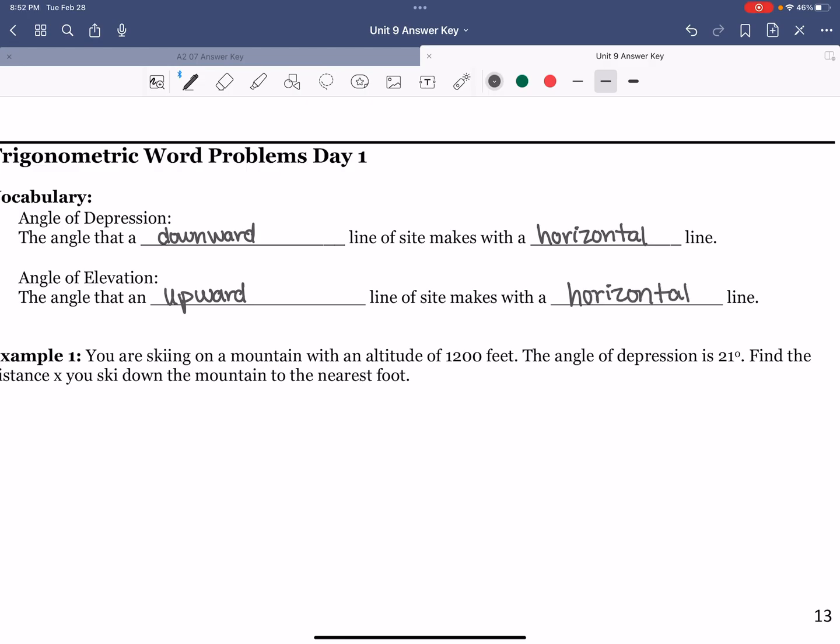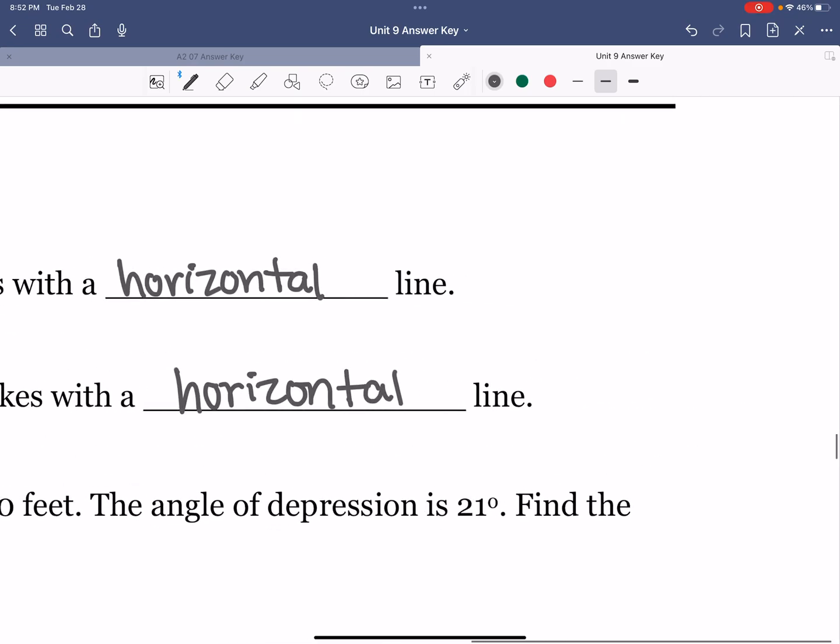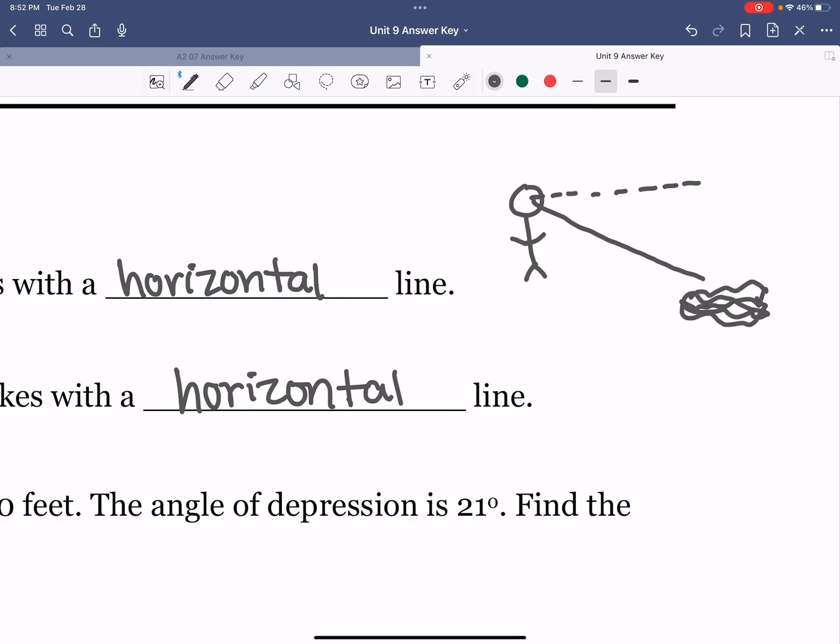So if I were to draw pictures of this, if I have this lovely person here, and let's say that this is their horizontal line, and they're looking at this lovely bush or whatever this is on the ground, piece of trash, why not? This lovely angle is my angle of depression.